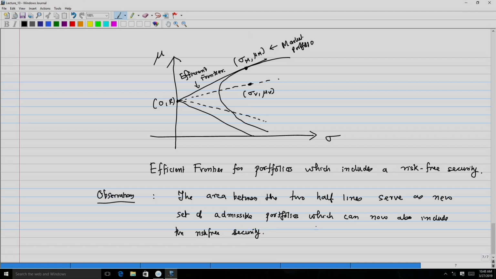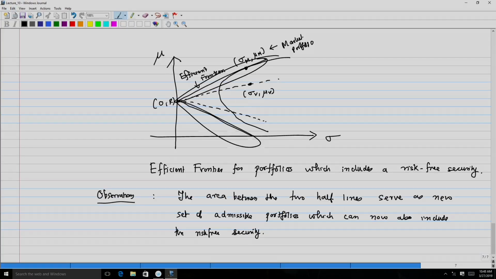So, this means that earlier whatever was below this parabola or to the right of parabola, that region was the set of all the feasible portfolios, and that was the case when you had only the risky assets, and now that we have moved on to a scenario where we can also include a risk free asset, the shape of the feasible portfolios is such that it includes all the portfolios or the region that is between the two lines, namely this line here and this line here.